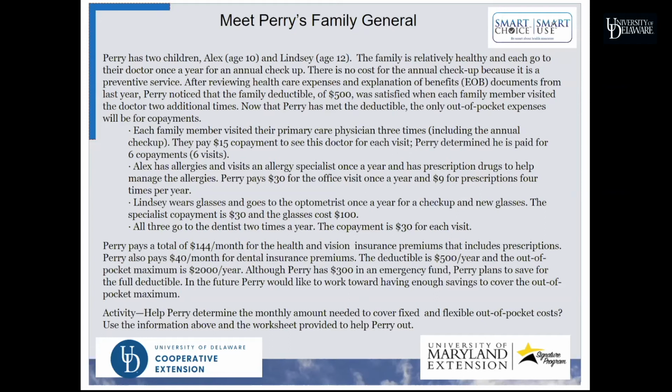Perry pays an additional $40 a month for dental insurance premiums. The deductible is $500 a year and the out-of-pocket maximum is $2,000. Although Perry has about $300 in an emergency fund, Perry plans to save for the full deductible. And in the future, Perry would like to work towards having enough savings to cover all of the out-of-pocket maximum.